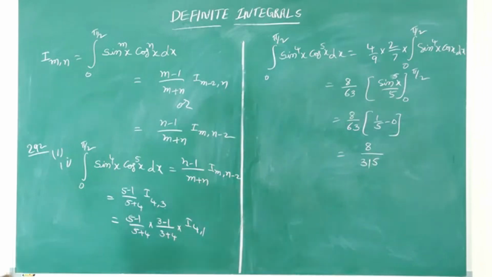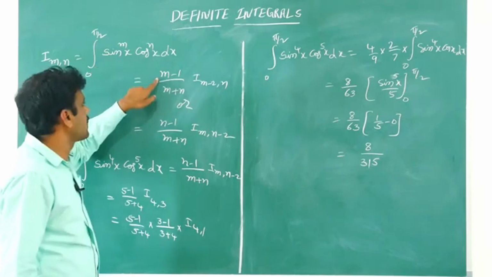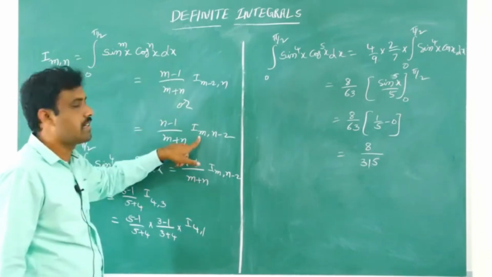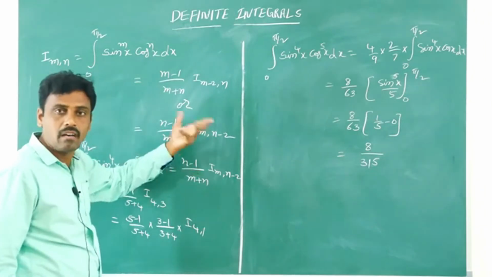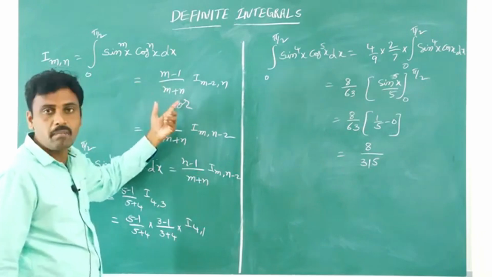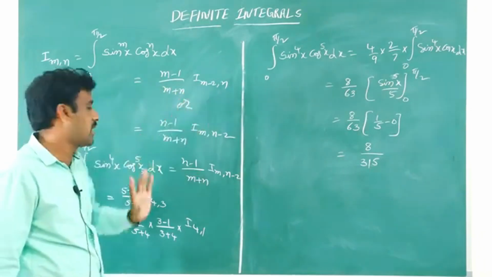That means for sin^m x cos^n x dx, we have (n-1)/(m+n) I(m,n-2), or (m-1)/(m+n) I(m-2,n).